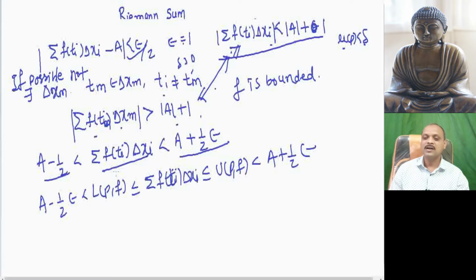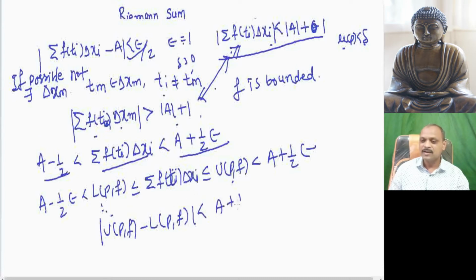Okay, so these are arbitrary bounds for these functions, and the values U(P,f) and L(P,f) are near to the summation, and therefore L(P,f) and U(P,f) lie between these values. But then what we get is U(P,f) minus L(P,f) is less than A plus 1/2 epsilon minus A plus 1/2 epsilon. On subtraction, A cancels, and this is less than epsilon.